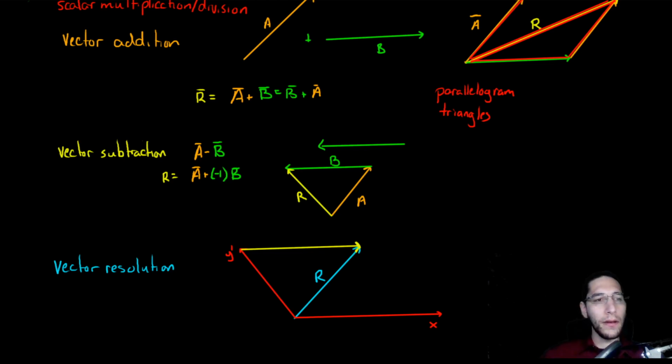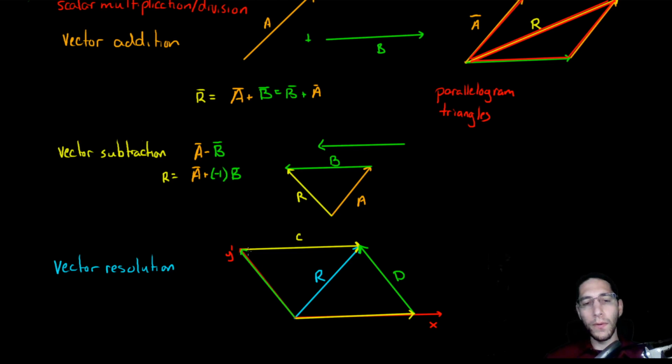Start at the head right here, do a parallel line with y, and that becomes another one of my vectors. So if this was just say D, and this yellow line was C, we can see that C is the component along this x. So C is also over here. D is the component along the y prime. So D is also over here.